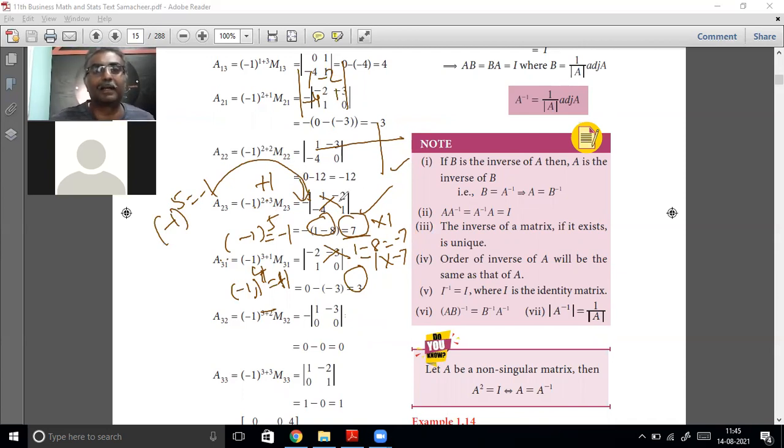You cannot take a minor with a plus or minus sign; a minor is just the determinant. The minus 1 to the power of 5 is added separately.